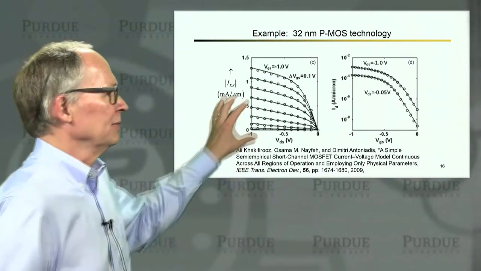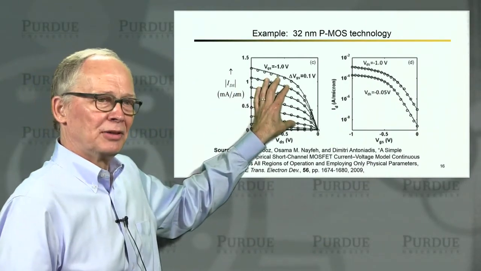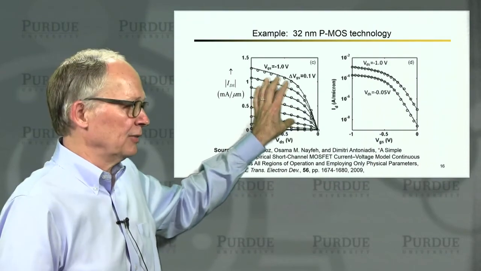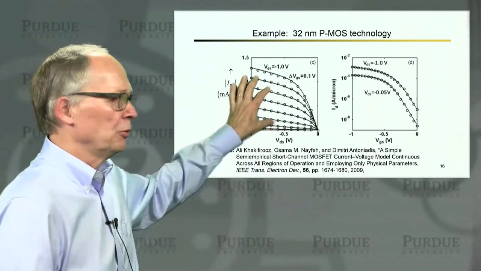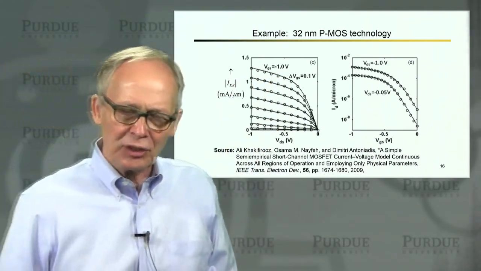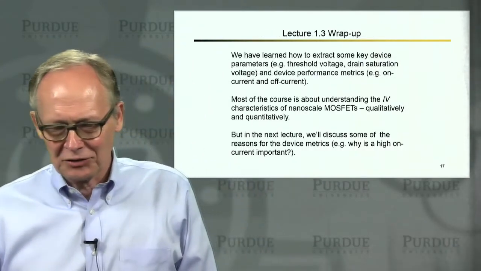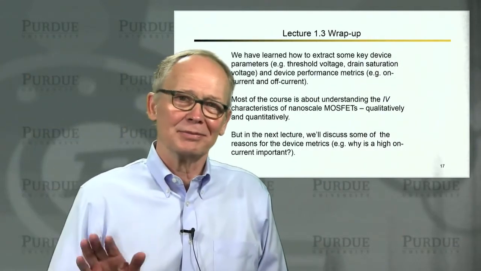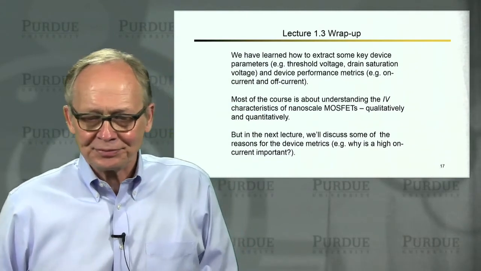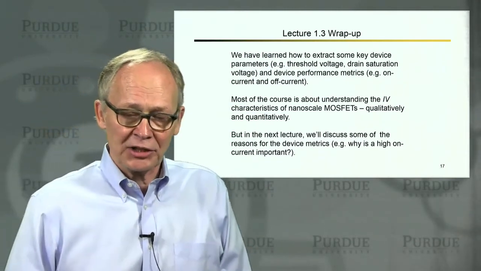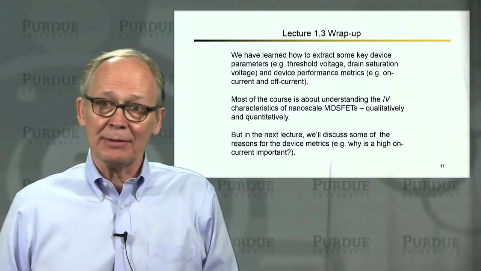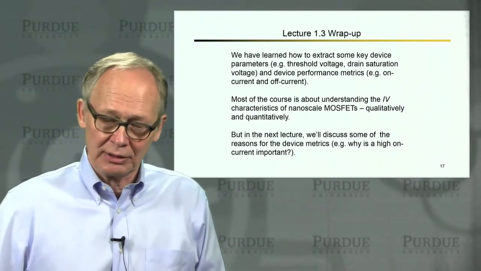See if you can derive the same device metrics and device parameters that we did for the N-channel transistors, but for the P-channel transistors. And if you can do that, then you understand these device parameters well enough that we can continue with the course. So what we've learned in this lecture is how to extract some of these key parameters that we're going to be talking about throughout the course.